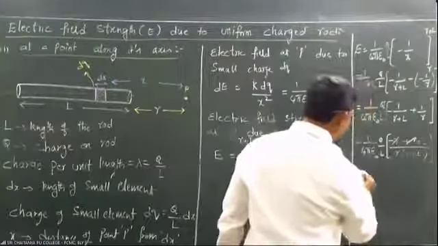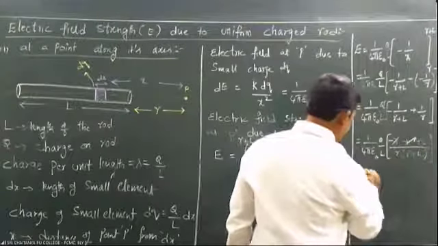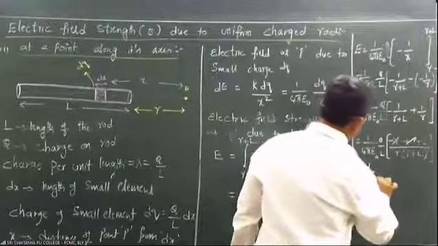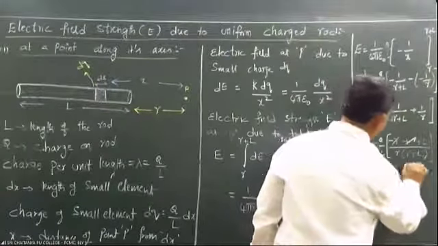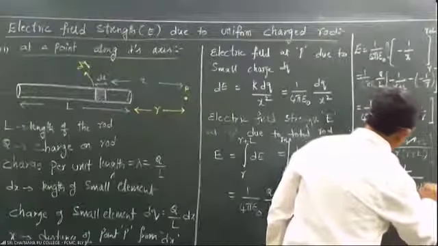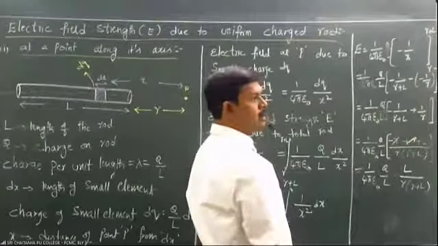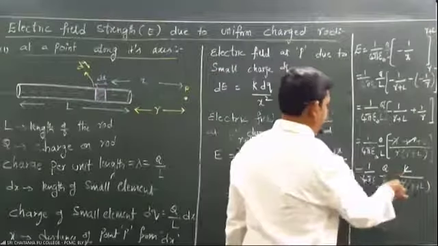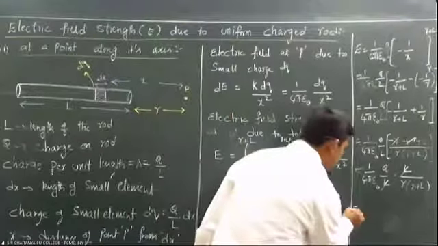Now, what remained here? 1 L remained. L by L, you can make it cancel. 1 by 4 pi epsilon naught Q by L, inside what remained? L by R into R plus L. L cancels, then what is your answer?